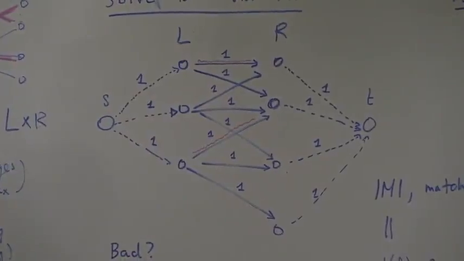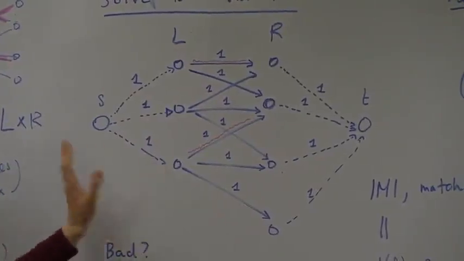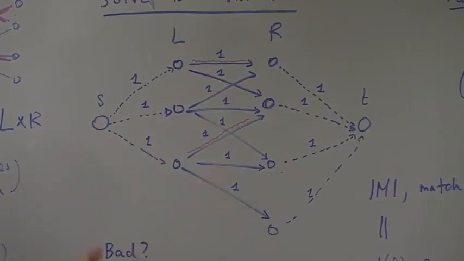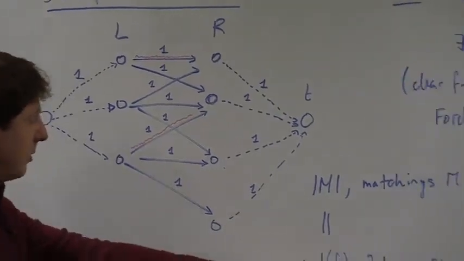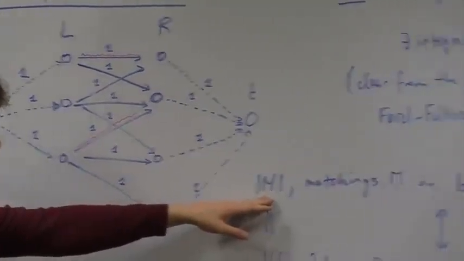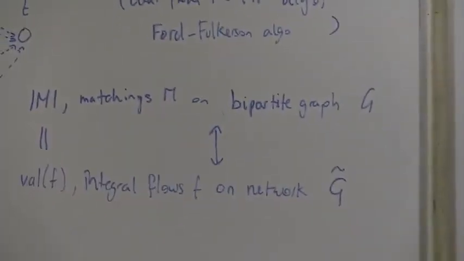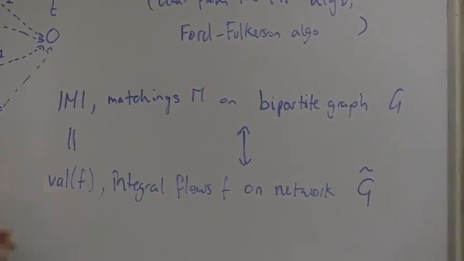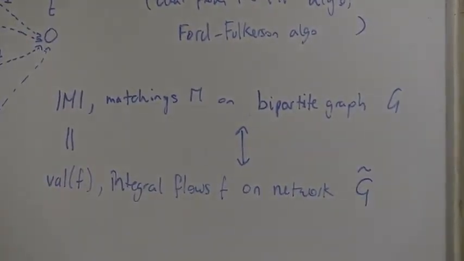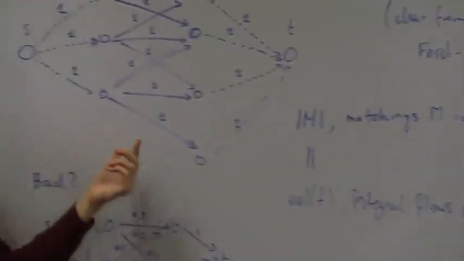What we can do is to say, given a bipartite graph, construct this network, run the max flow algorithm. Maximizing the value of the flow is tantamount to maximizing the matching, so that once I find the flow that is maximal, I can just read off from it the matching, which is basically the edges that were selected and carry one unit of flow.